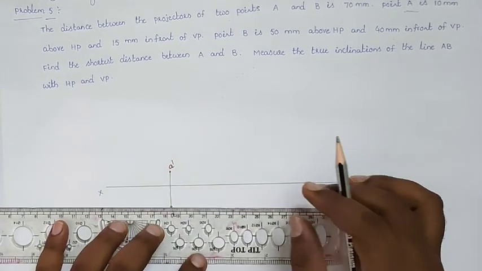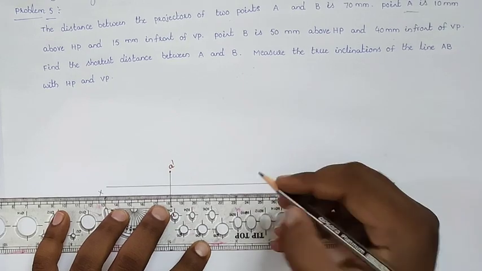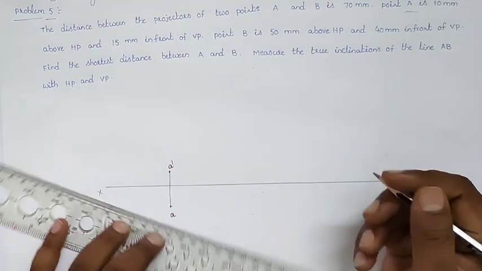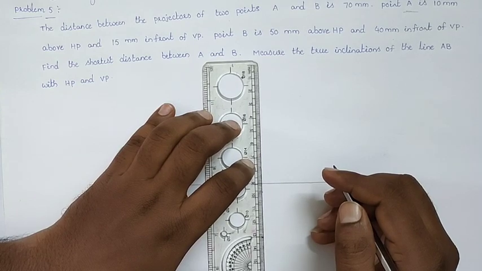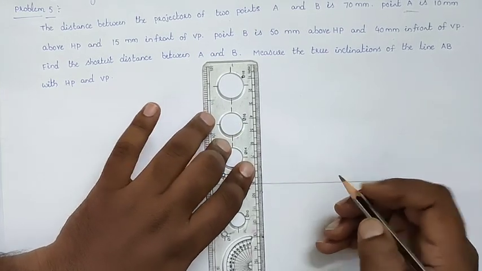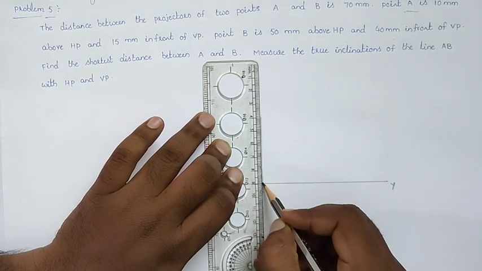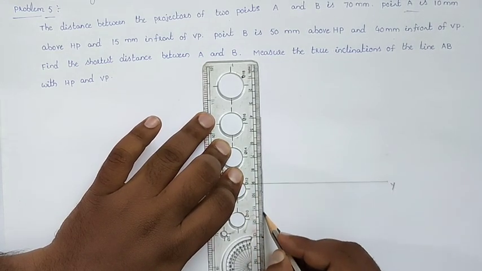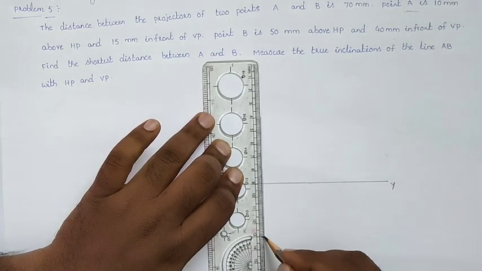The distance between the projectors is 70 mm, so take 70 mm from the projector of A and draw the projection of point B. Take 50 mm above the reference line and 40 mm below the reference line for the projections of point B.